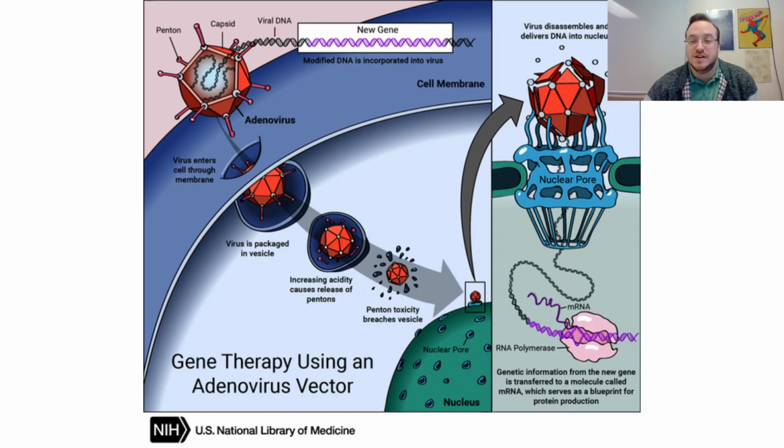In this image, it's being wrapped in a vesicle like most larger things are when they enter the cell. The virus itself breaks that vesicle and is then able to insert itself through the nuclear pore and inject DNA into the nucleus.